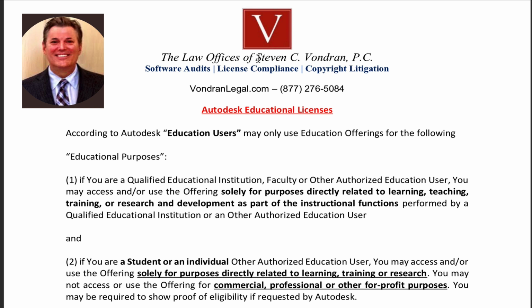This is general legal information only and not legal advice. But basically, this is something that I pulled from one of the licenses for educational purposes. As you can see here, there's a 1 and a 2.